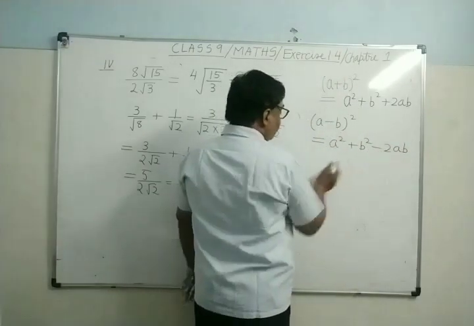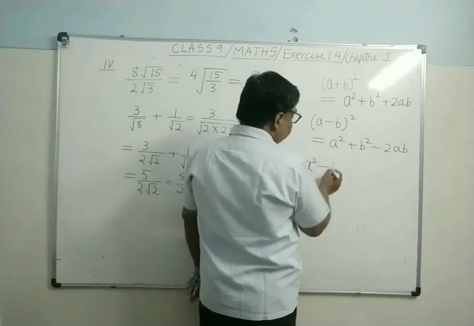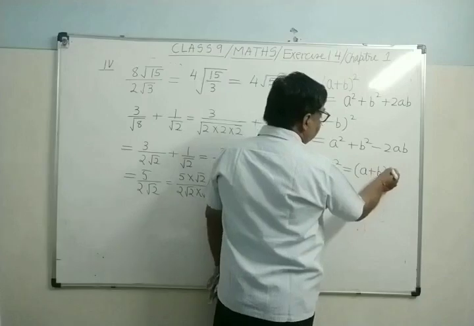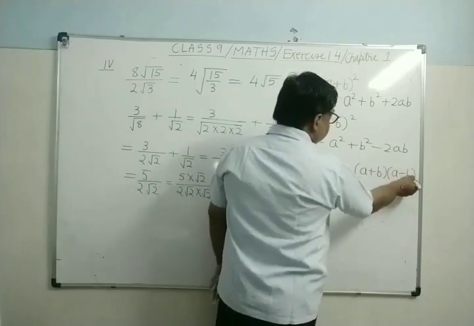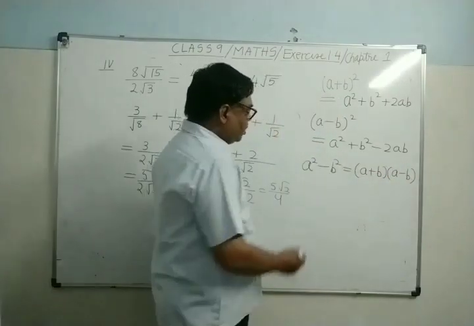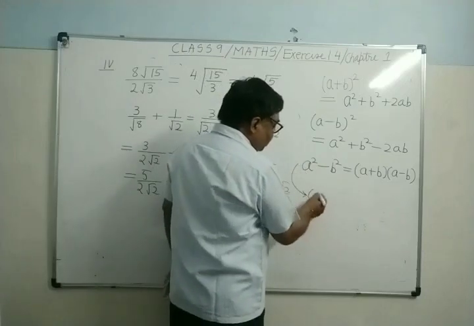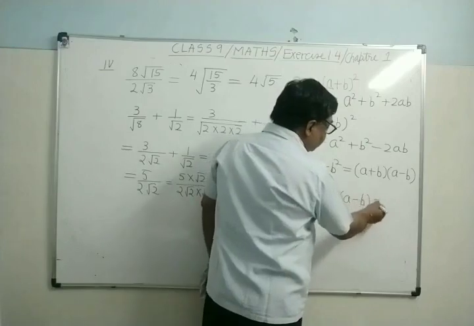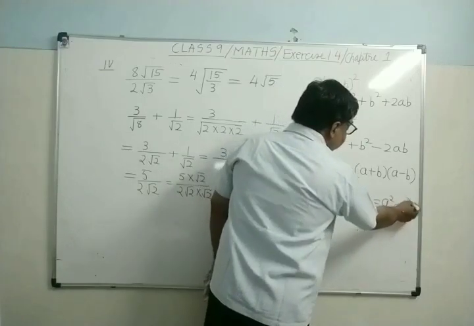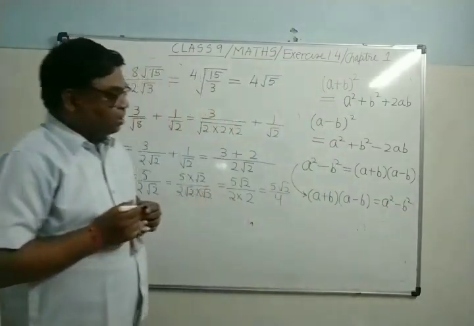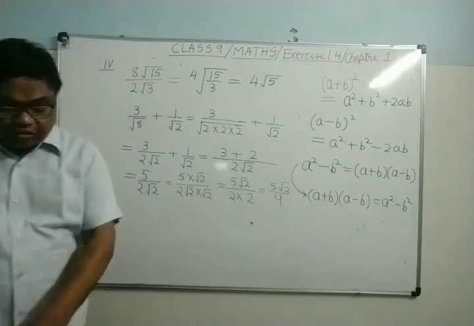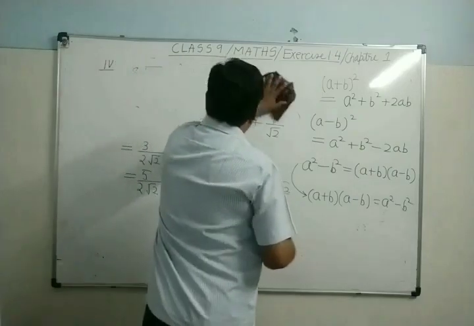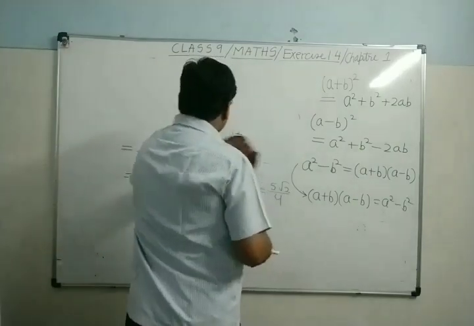Then A square minus B square is A plus B into A minus B, or the reverse of this: A plus B into A minus B equals A square minus B square. It's clear? So in question number 2, these formulae we will use in order to simplify.